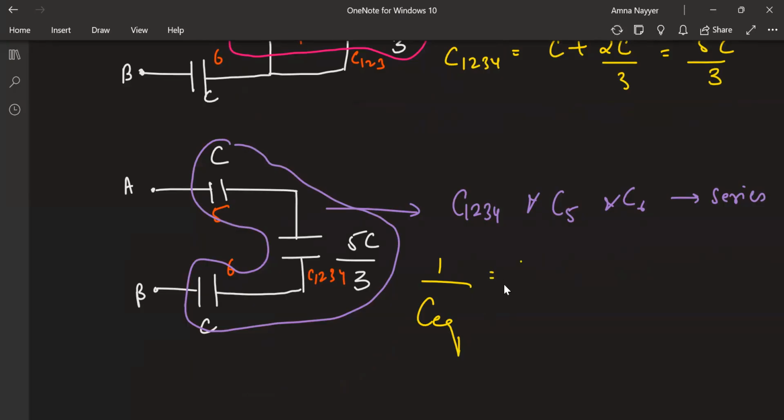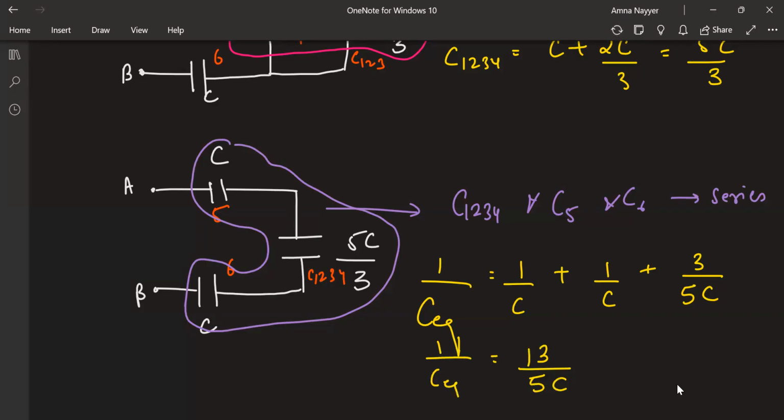This will be equal to 1 by C plus 1 by C plus 3 by 5C. Right, we are writing it in the denominator. So this will be equal to 5 plus 5 plus 3, that is 13 by 5C, which is given by 1 by C equivalent. So finally C equivalent will be 5C by 13.